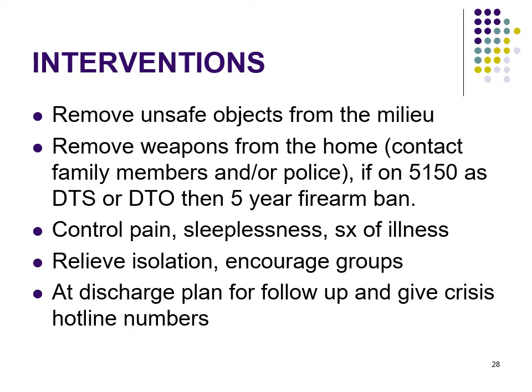So, it's better if a family member that you feel is responsible will take the firearm away, and then it can be sold or given to somebody that would be safe with it. But if you don't have that option, you can always let the police know as well.